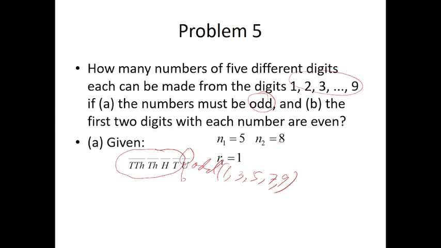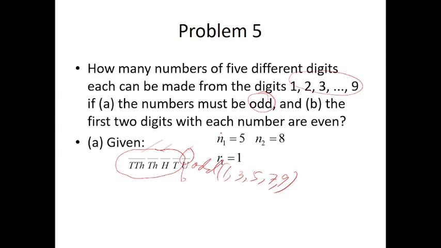So there are 8 digits available, while there are 4 slots left. Therefore we will take 4 out of 8. We will get the permutation of 8 digits taken 4 at a time because we have 4 slots left.